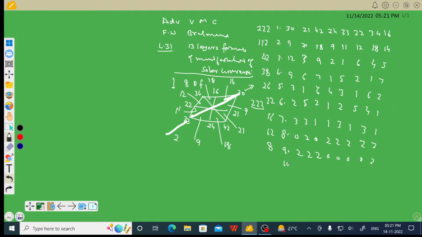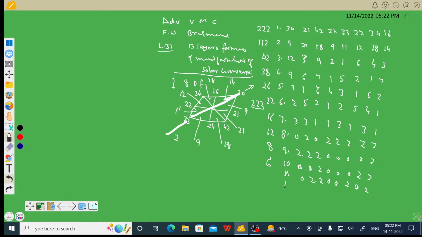The 10th fold is 2 minus 2 is 0, this is 0, this is 2, here is 0, here is 0, here is 0, here is 2 and here is 2. It is going to be 6. The 11th fold will be 0, 2, 2, 0, 0, 2, 0 and 2.